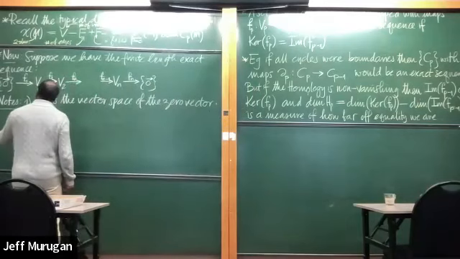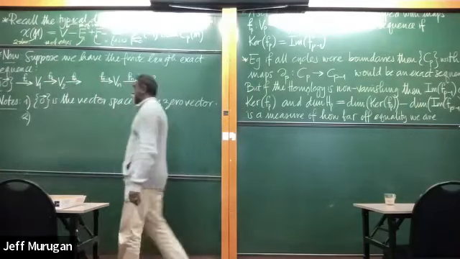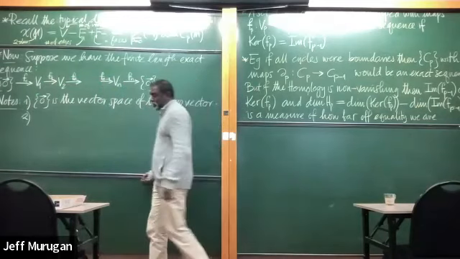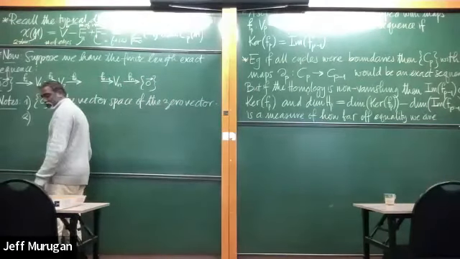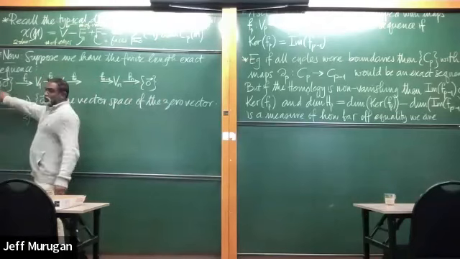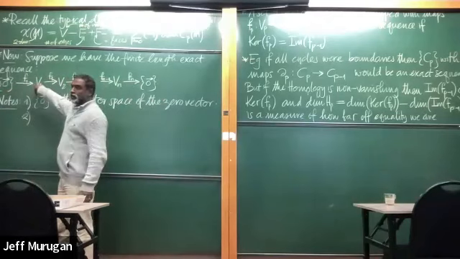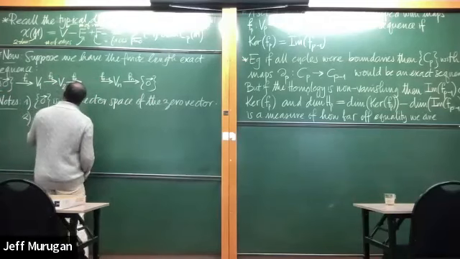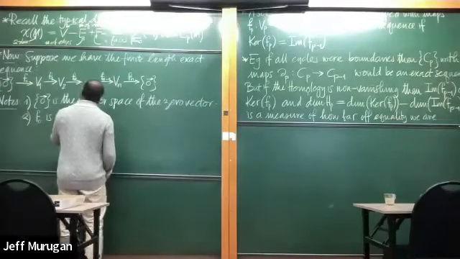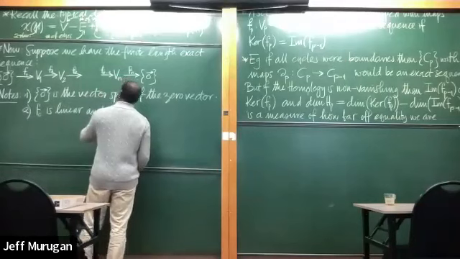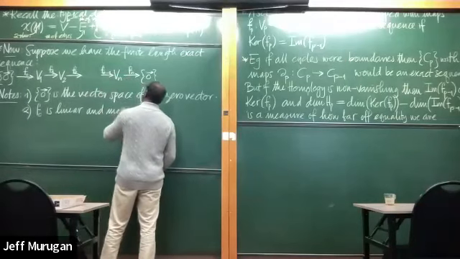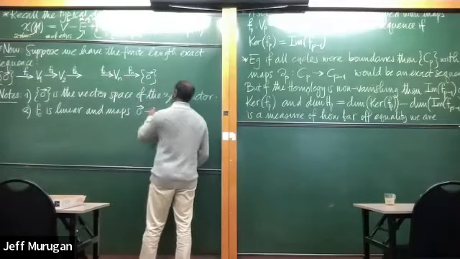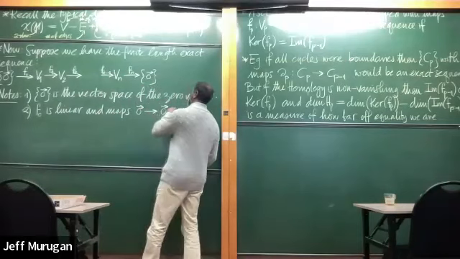Two, I'm going to assume that the maps F are linear maps. So F naught in particular is linear, so it maps 0 to 0 in V1.